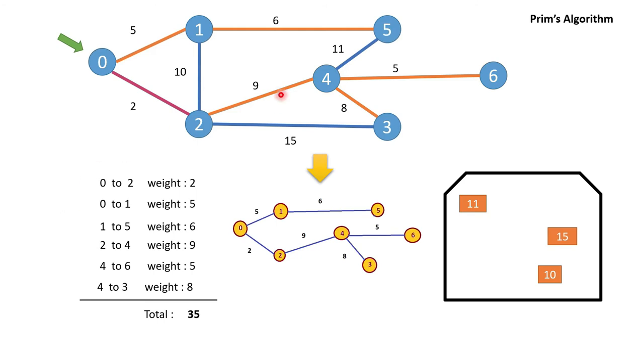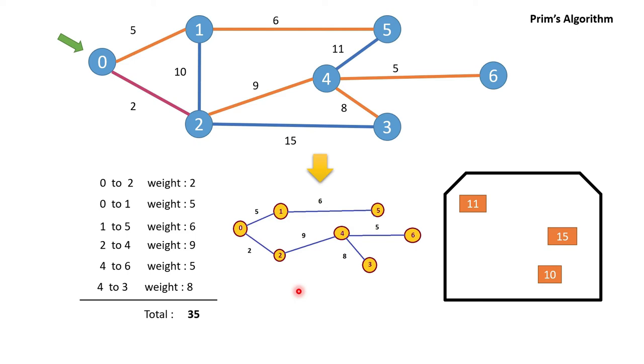So the minimum spanning tree, or the subgraph out of this graph, my answer will be this one. If you compare with the colored line, it is the same structure. Okay, so this way, using Prim's algorithm, we can find the minimum spanning tree of a graph.